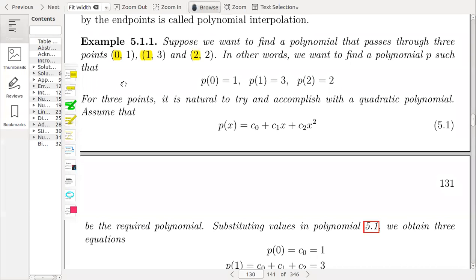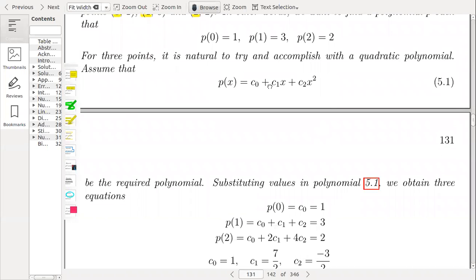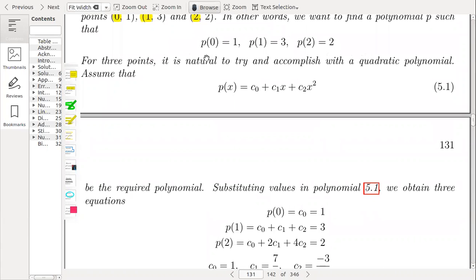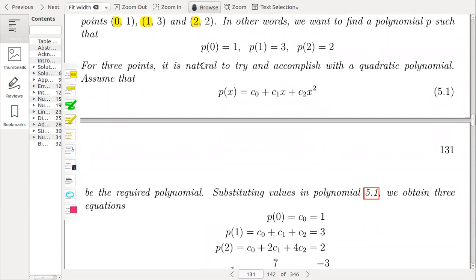If we take 0 as input, 1 as input, and 2 as input, the polynomial has to return 1, 3, and 2 as the outputs. That is why this polynomial should satisfy p of 0 equal to 1, p of 1 equal to 3, p of 2 equal to 2.